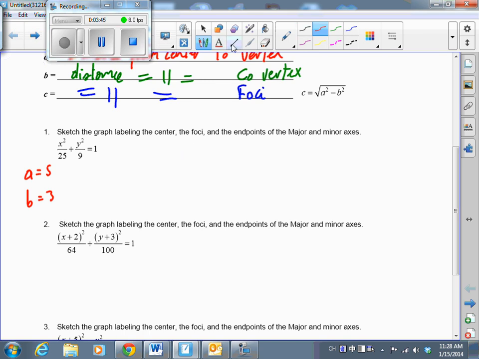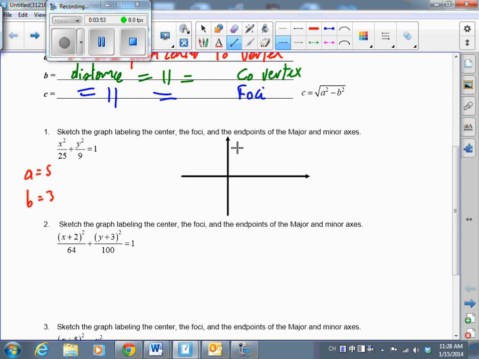Horizontal. So if I wanted to graph this, this is what I will have. This, for example, is my x-axis. This is my y-axis. Where do you think the center is? 0, 0. Fantastic. So the center is somewhere here, right? The 5 units, am I moving up, down, or left or right? Left and right.